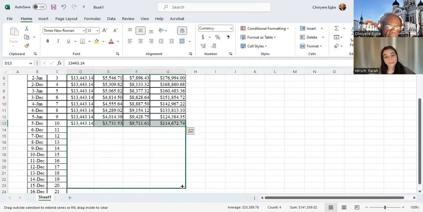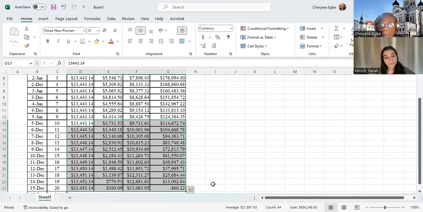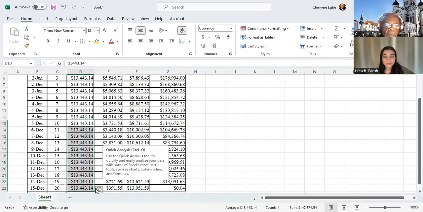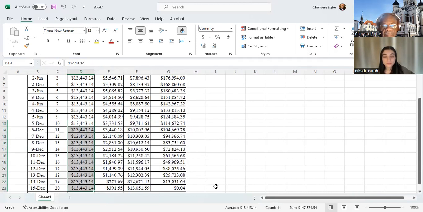Write this down. And lo and behold, at the end of 20 periods, the loan is gone. Get it? Yeah. Okay. So this is 13,443. It's increasing the amount. All right, so you see at the end of the period, you only have 4 cents.